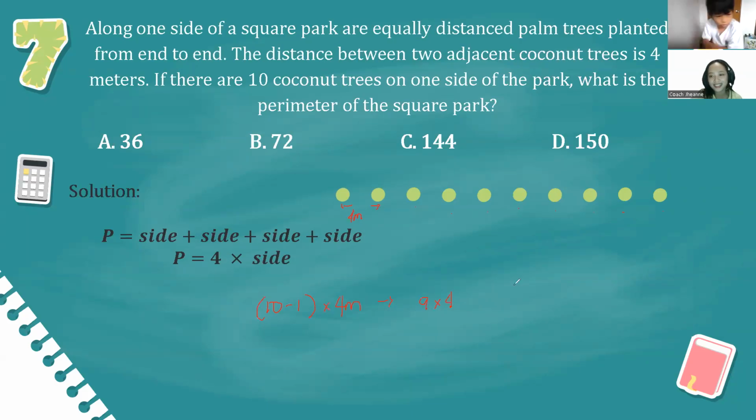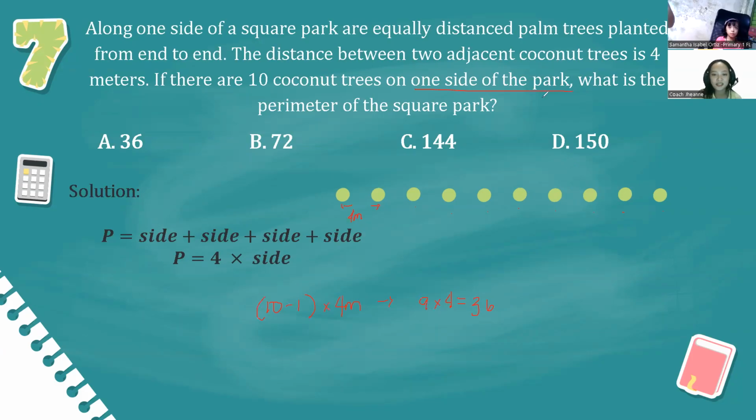That is equal to 36. Now, we have to note that this is only on one side of the park.